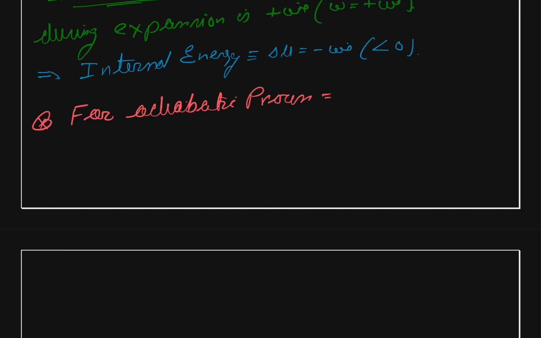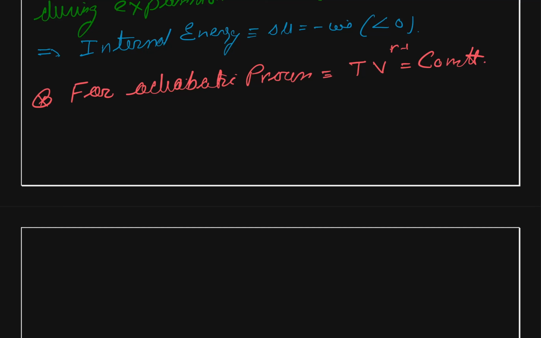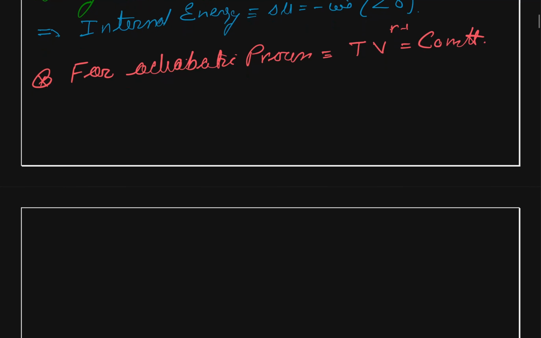For an adiabatic process, temperature times volume raised to gamma minus 1 should be equal to constant, and this gamma is the adiabatic index. Gamma is equal to the ratio of C of P to C of V, and this ratio is 5/3 for monoatomic gas.